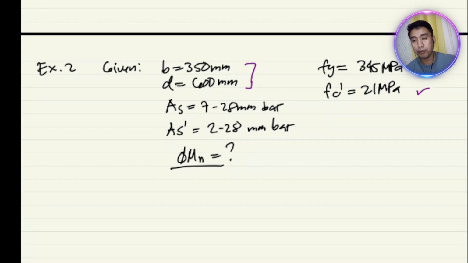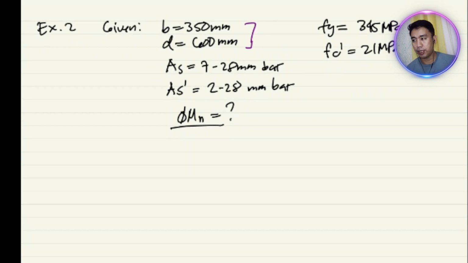So we are tasked to determine the moment capacity of the section. So we'll start. But before we start, since the number of bars are given, let's solve first in terms of area of bar.